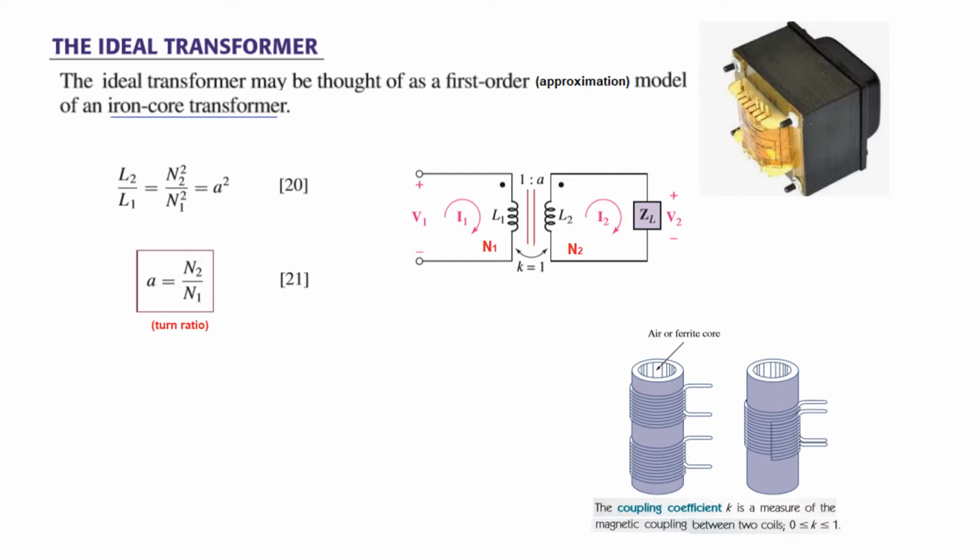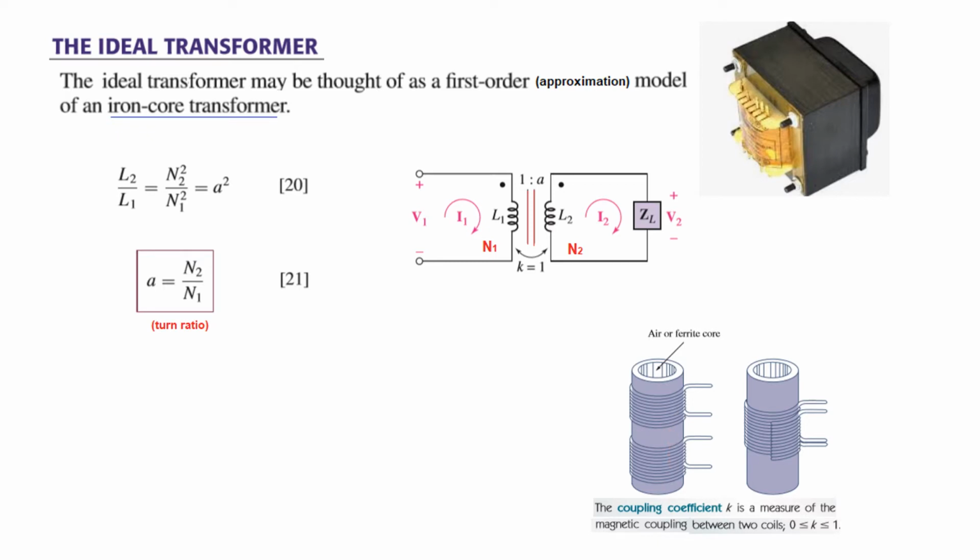One more thing is called the coupling coefficient K. Now, coupling means, like here you have the primary turns and secondary turns overlapping, and in this case the primary turns and secondary turns are not overlapping, they are away.